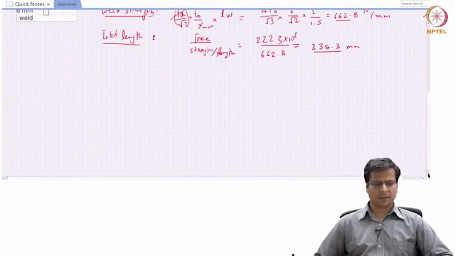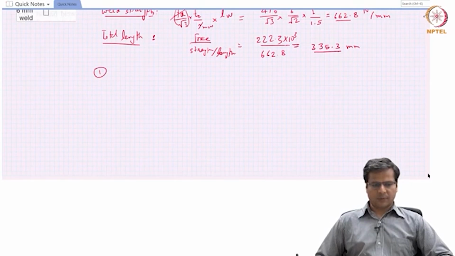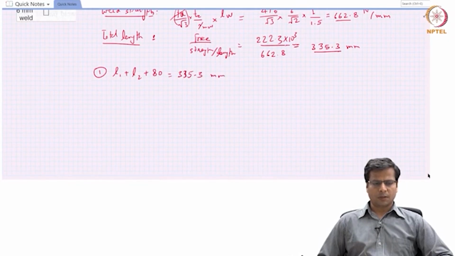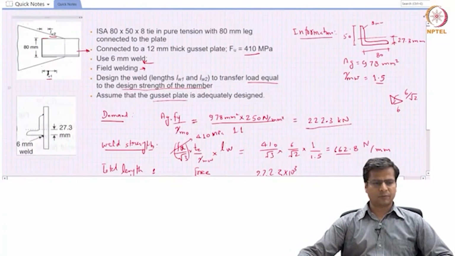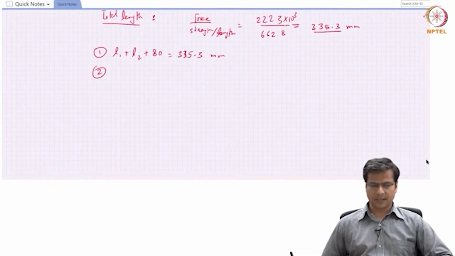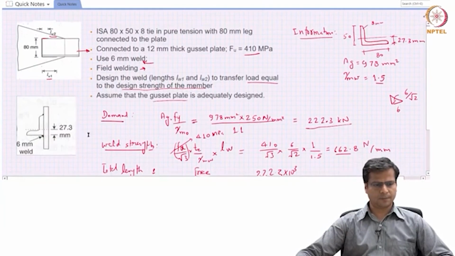So what we know is that force balance will require that L1 plus L2 plus AT, this is the total length, will be equal to 335.3 millimeter. The second condition that I had mentioned before was that we have to do a moment balance, meaning that the moment that is introduced because of this axial force or the pure tensile force has to be balanced by the weld, which implies that, let me draw that portion again.